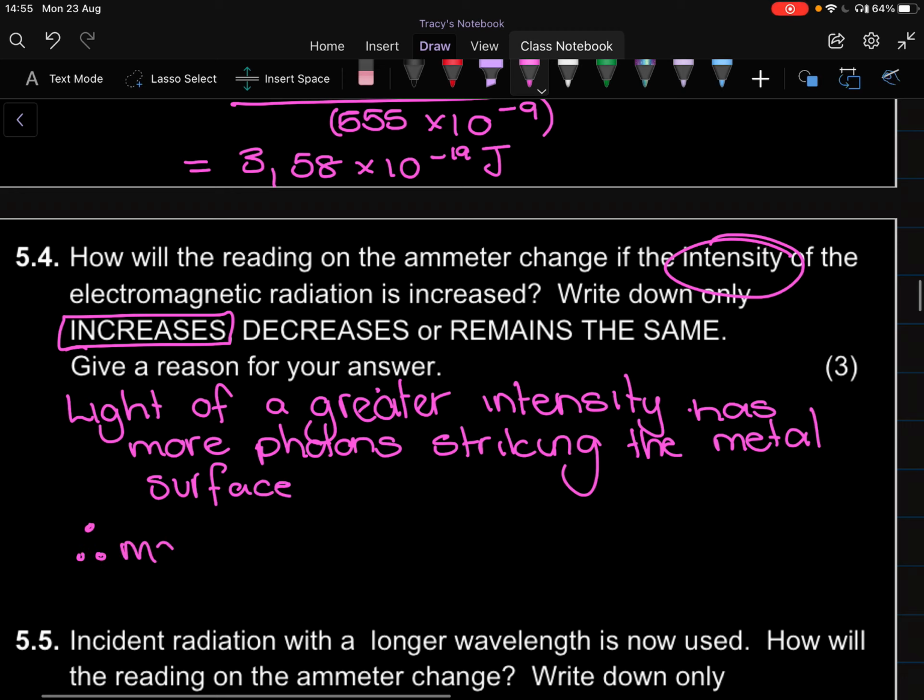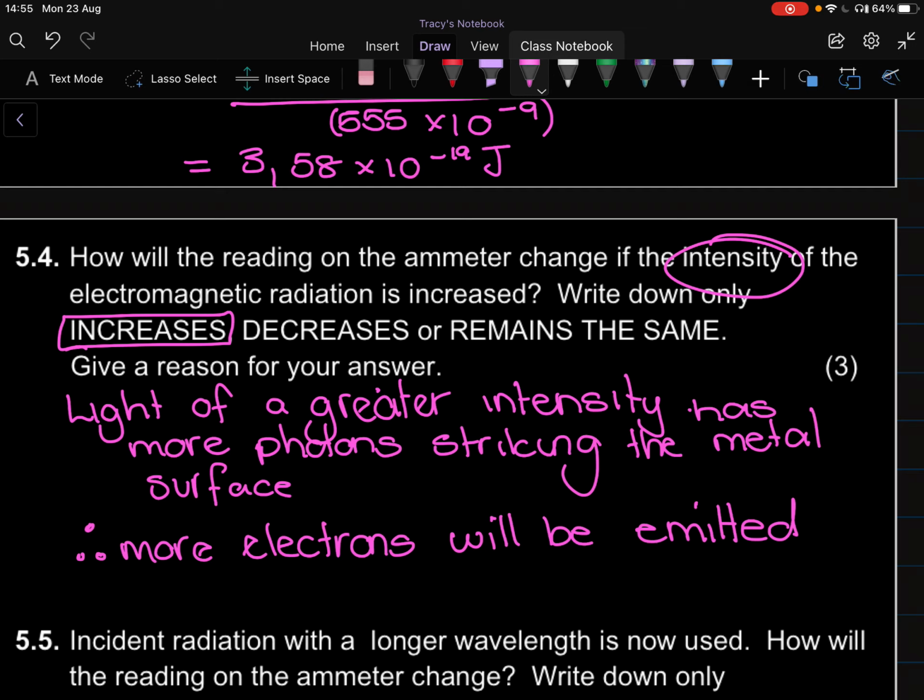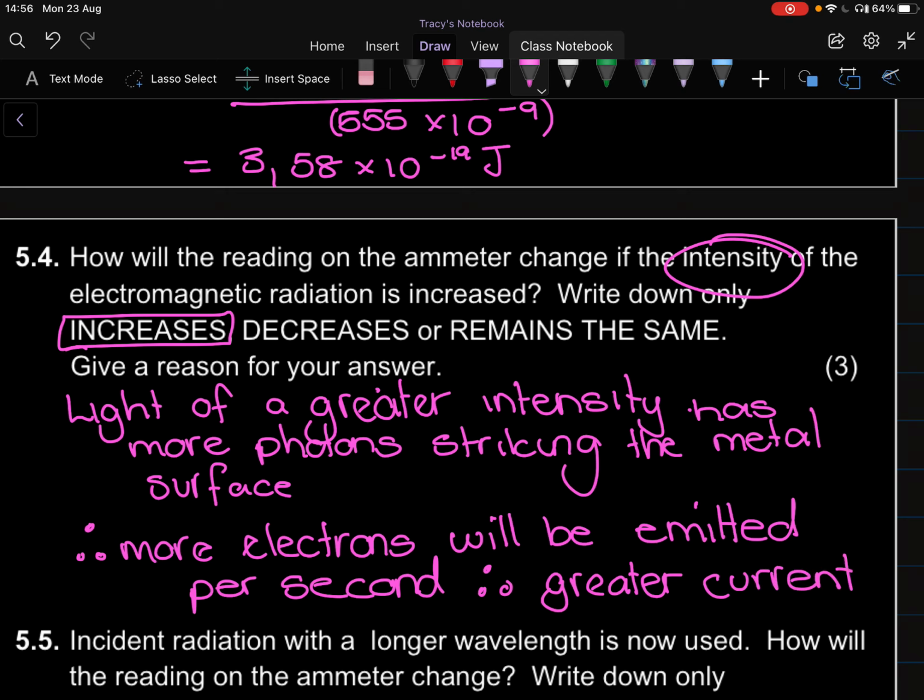Therefore, more electrons will be emitted. Now watch, per second. Therefore, greater current. Guys, please don't forget the per second, current is the rate of flow of charge. Okay.